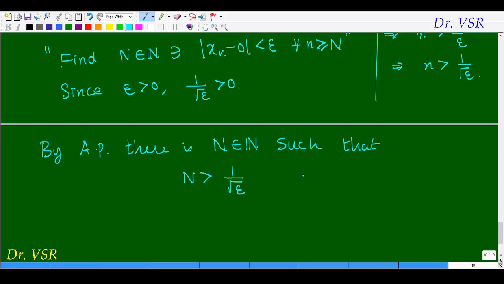So this implies that taking the reciprocal, 1 by capital N is less than root epsilon.